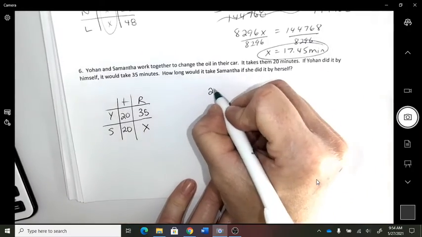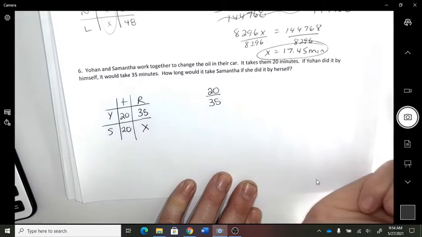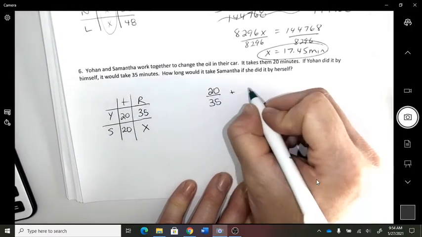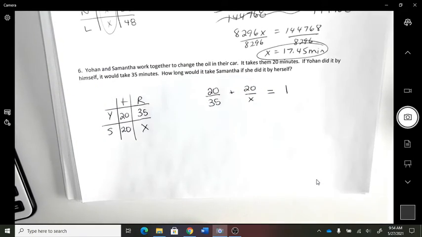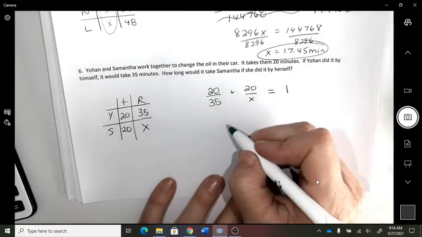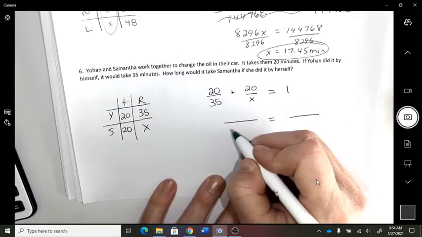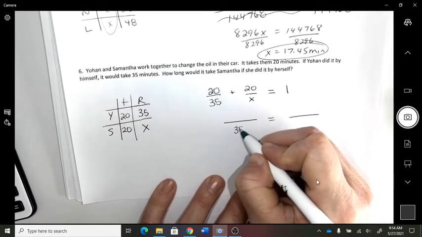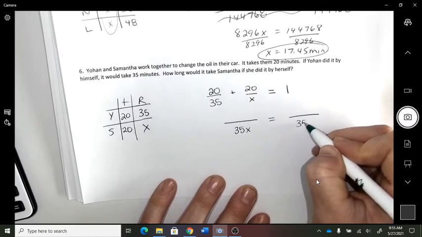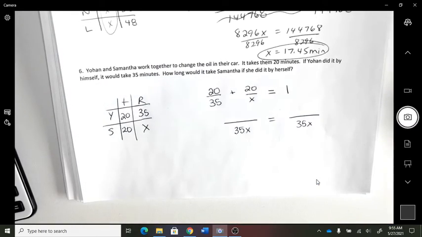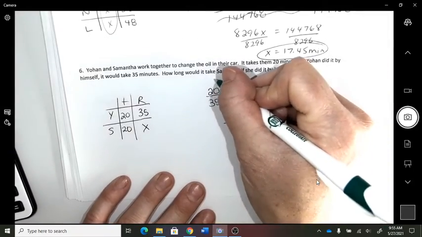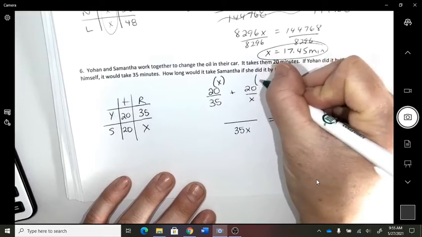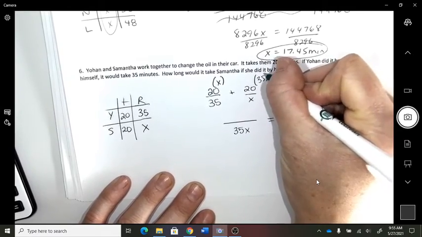Okay, so Johan does 20 over 35 of the job. Sam does 20 over x of the job. Together they do the job. So this strategy would be I need a common denominator, which would have to have a 35x in it. So this is going to get multiplied by x. This is going to get multiplied by 35.